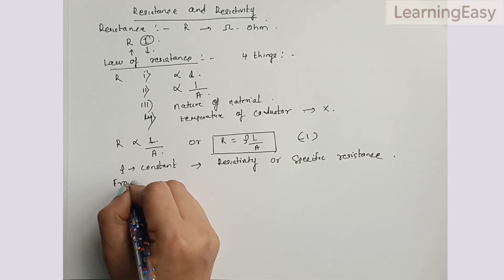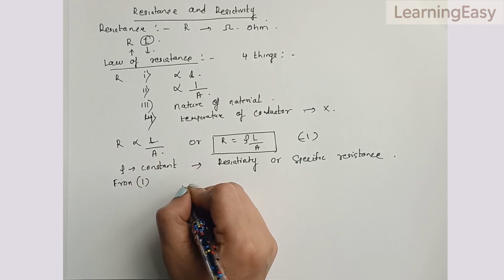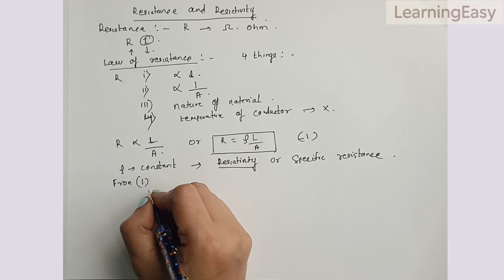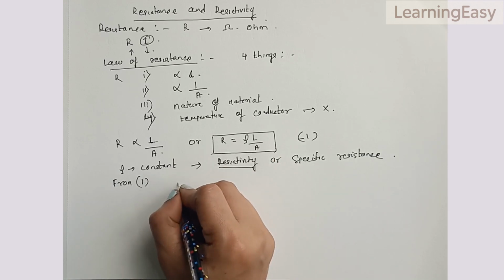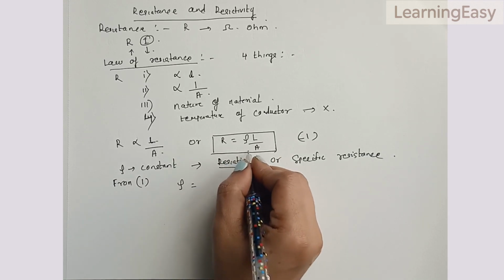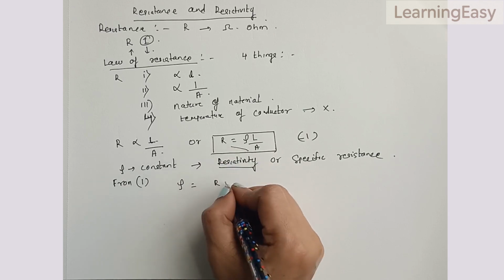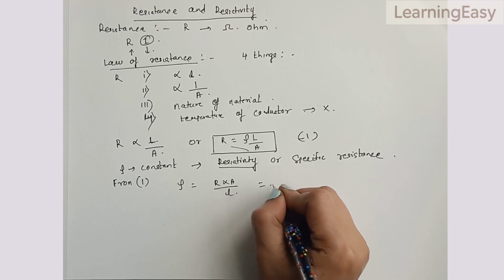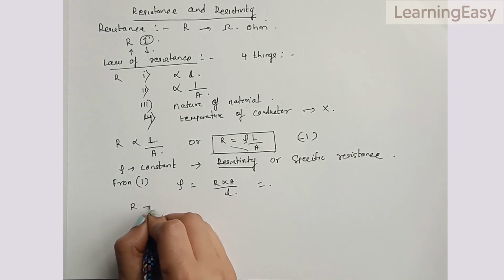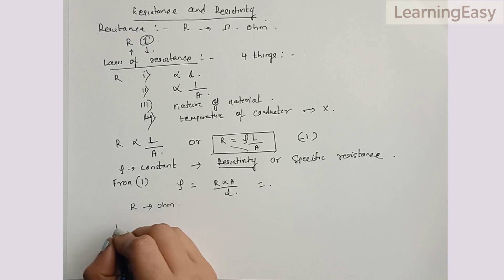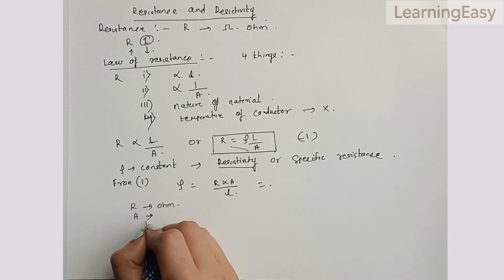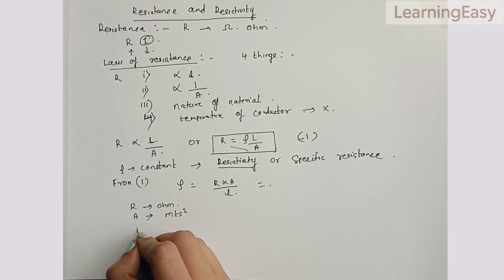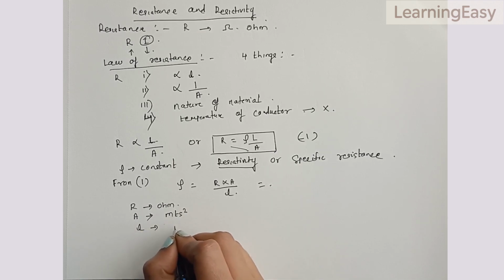From equation 1, we can derive the unit for resistivity. Rho will be equal to R multiplied by A divided by L. As we know, the unit of R is ohm, the unit of cross-sectional area A is meter square, and the unit of length is meter.